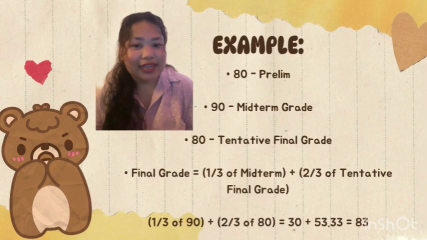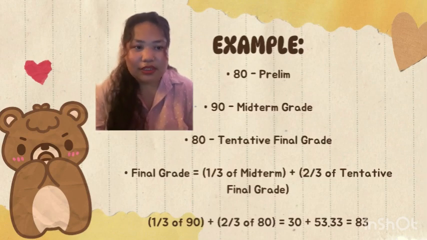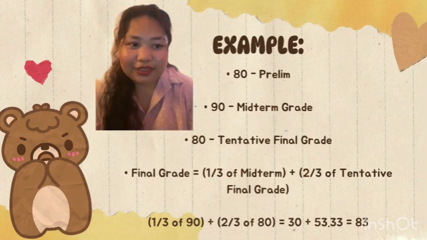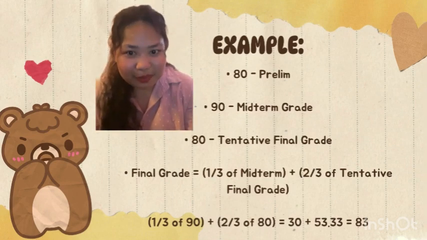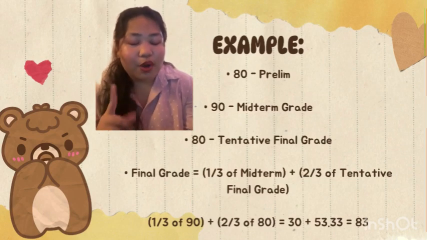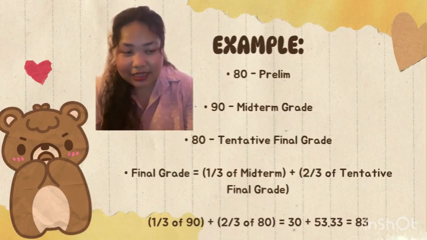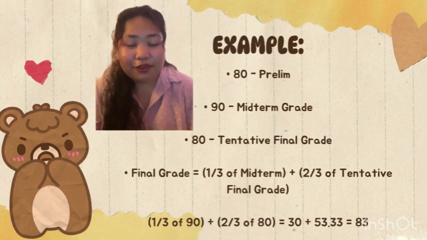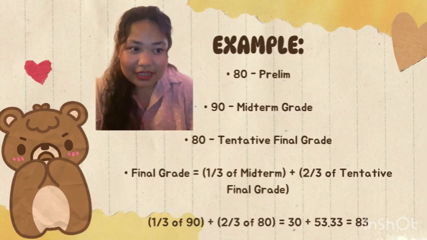Since we will be taking the 1/3 of midterm and the 2/3 of tentative final grade, the midterm grade is 90, and sorry for my mistake earlier, 1/3 of 90 is 30, and then the 2/3 of 80, the final grade, is 53.33.